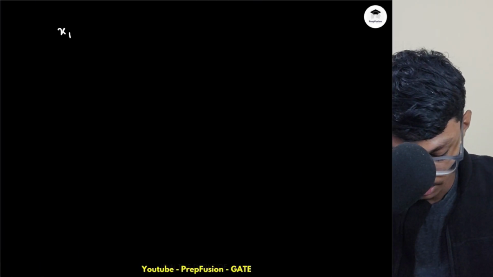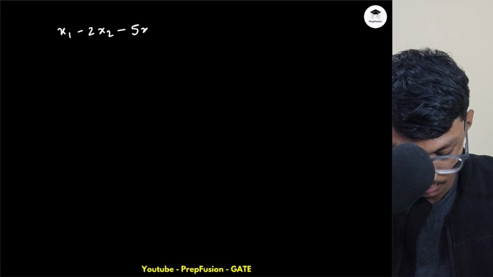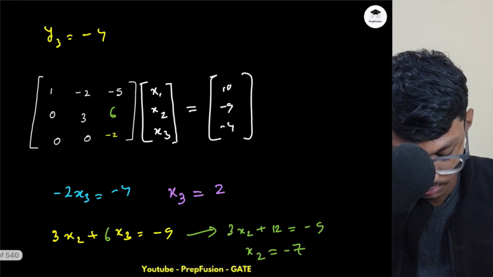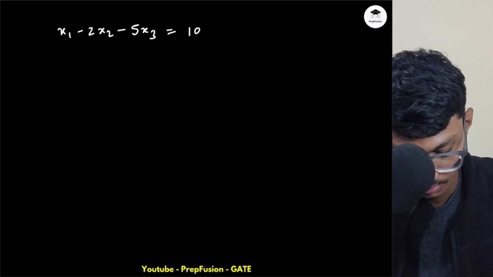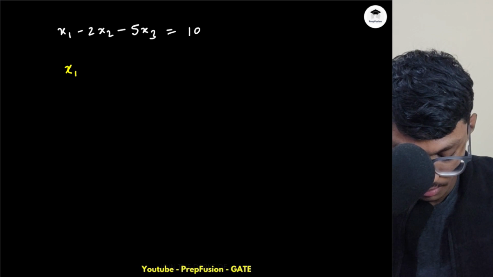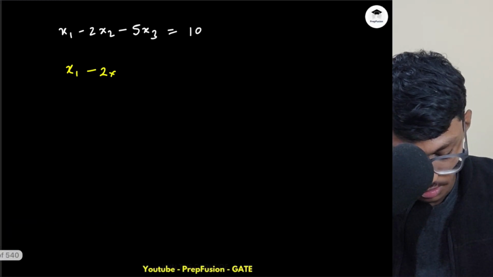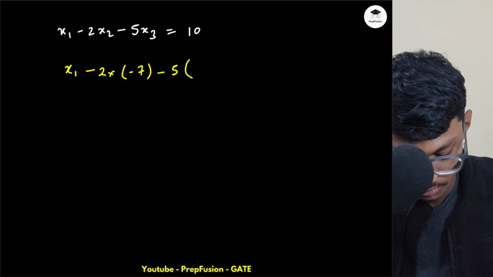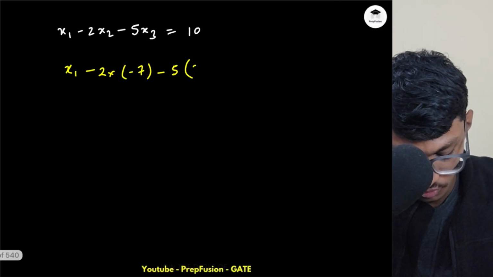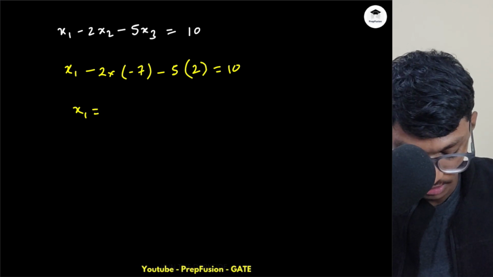So this is x1 minus 2x2 and x3. x2 is minus 7, x3 is 2. So x1 equals 20, and this goes on that side.